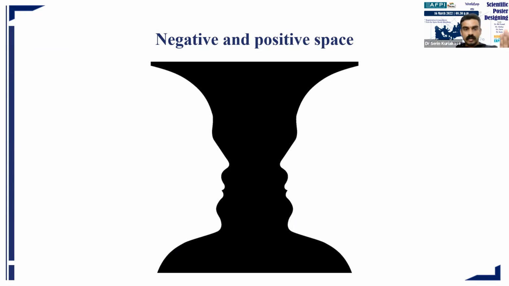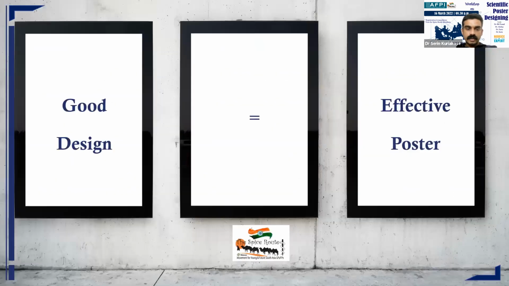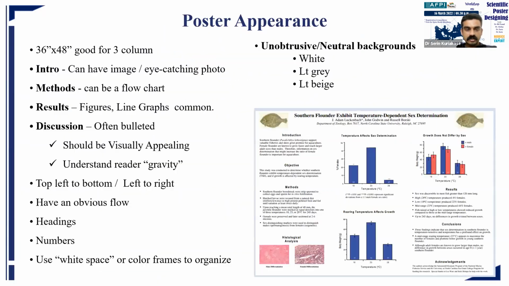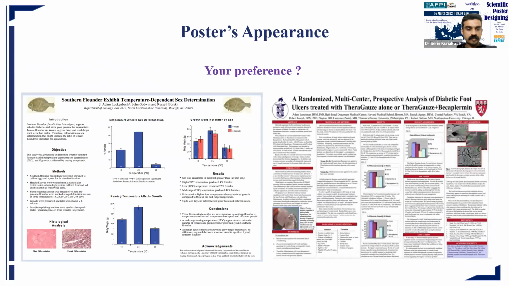So let's go back to the fish poster for better clarity. If you see the letters first, then that is your positive space.